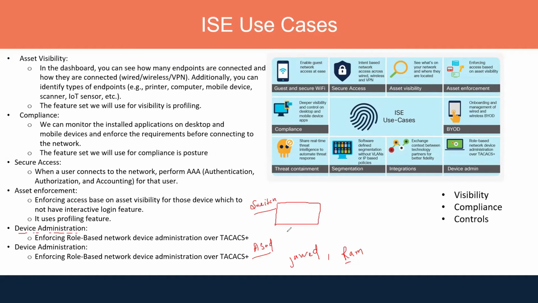Let's take an example. I want to provide read-only access to Asad, write access to Javed, and full admin access to Ram. How can we achieve this? We have two options. We can use local login.